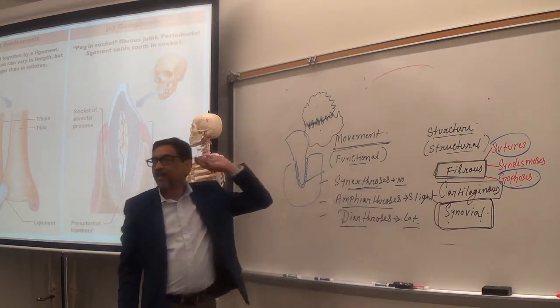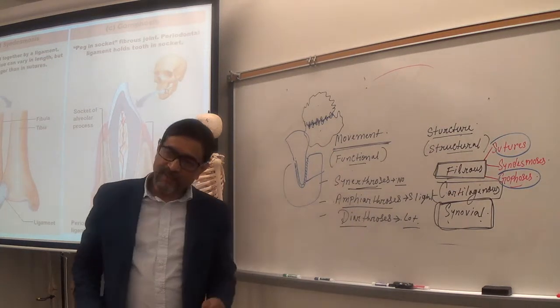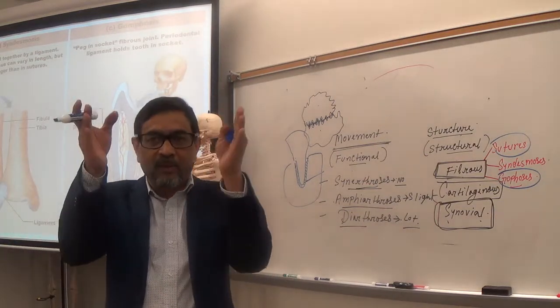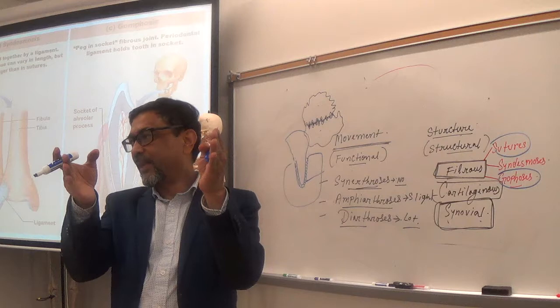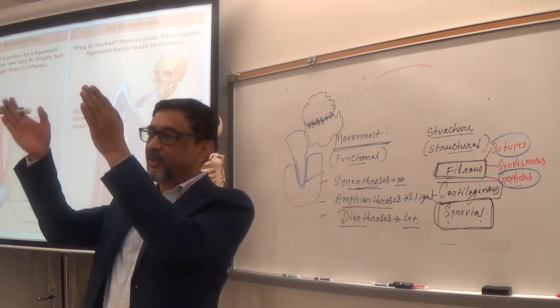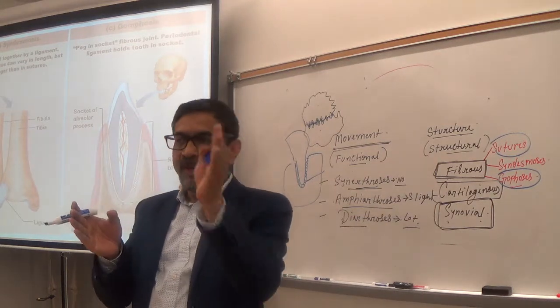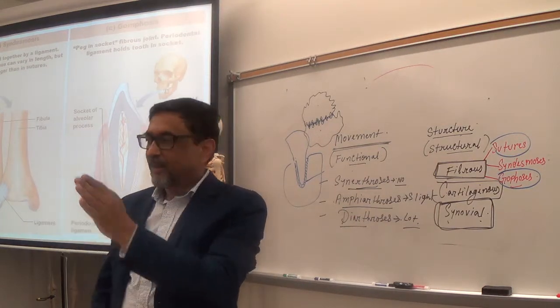So we can classify the joints in two ways. One is by looking at what? Movement, right? Amount of movement. Another is looking at the structure. So functional and structural, right?